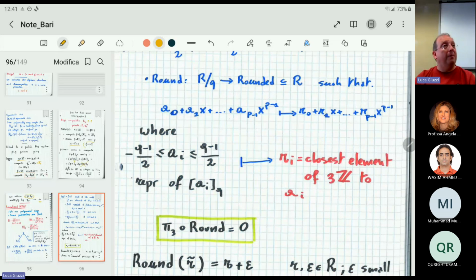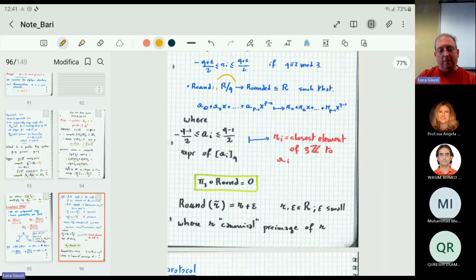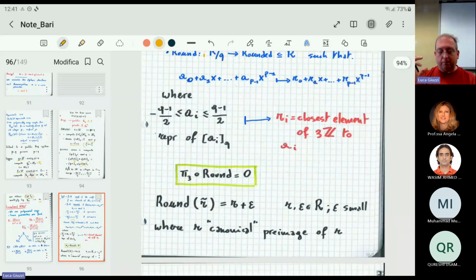Round does the same. So it's a lifting, it's something which goes from R over Q to R. And this is the kind of operation which, from the point of view of algebra, is at least debatable.